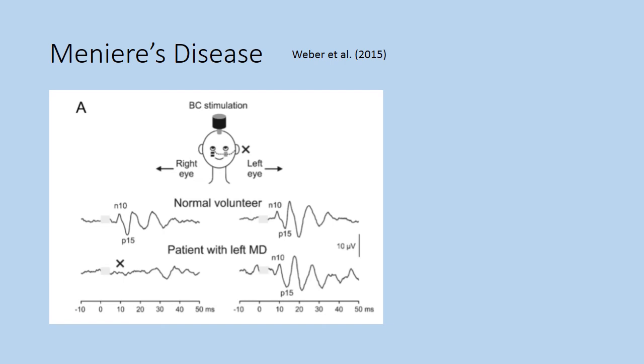The OVEM recording underneath the right eye shows absence of OVEM, shown by the black cross there, whereas underneath the left eye, it shows normal tracing of OVEM results. Another characteristic of Meniere's disease is that we will obtain larger amplitude when tuning the tone burst frequency to a higher level, specifically at 1000 Hz.